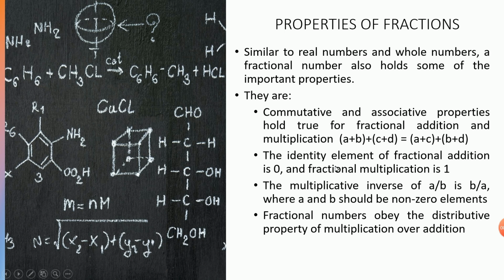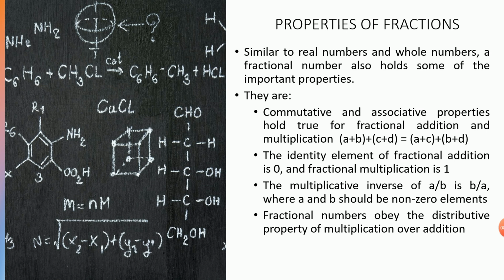Next, the identity element of fractional addition is 0 and of fractional multiplication is 1. See, the identity element could be called as you are adding or multiplying like that.